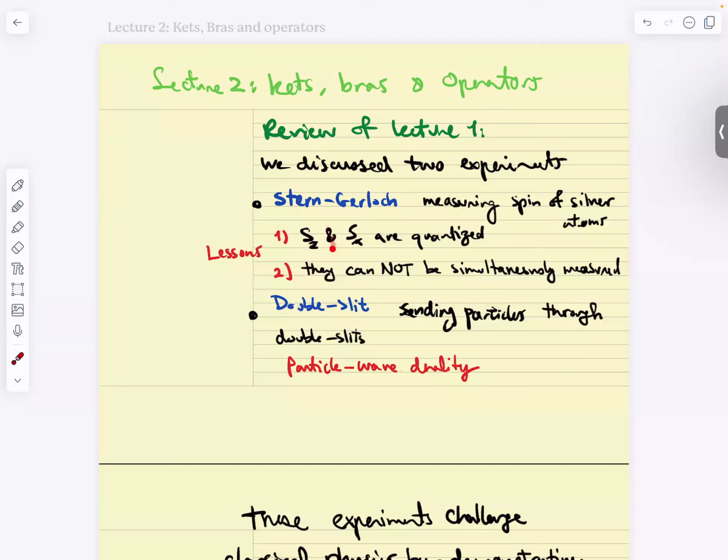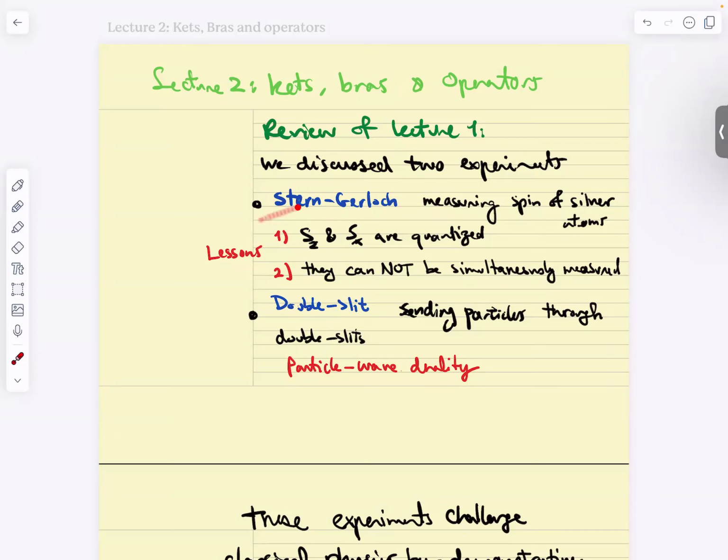However, we're always finding a quantized answer. Quantized means that it comes in discrete values, right? So in this case, 2 options. It was either plus h bar over 2 or minus h bar over 2. H bar is a dimensional constant that has unit of angular momentum or action in physics. So as I said, if you have any questions as a review, please ask.